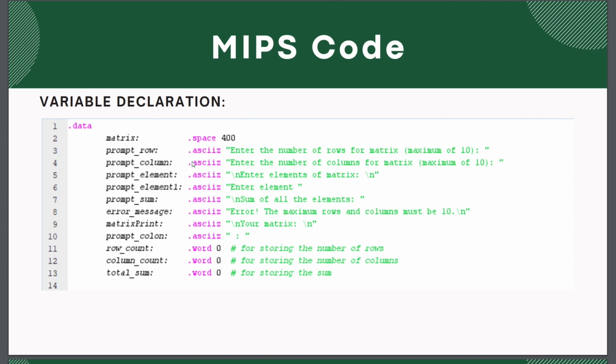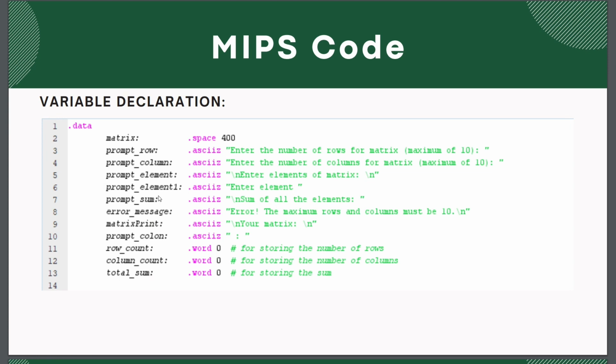We take .asciiz because .asciiz has the null terminator at the end of the string. If we take .ascii only, then it doesn't have any null terminator, and without the null terminator, it will probably cause some unexpected behavior or error in our program. So we take .asciiz to save this string in ASCII code in the data segment.